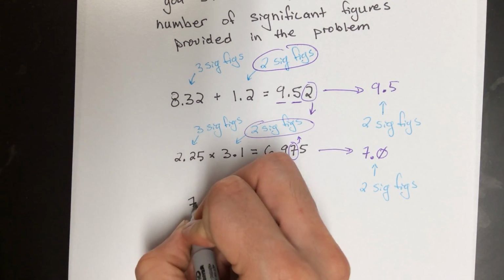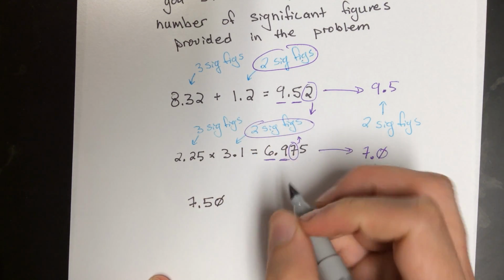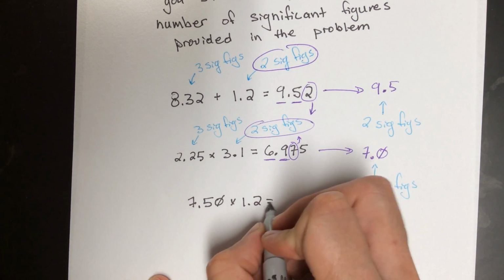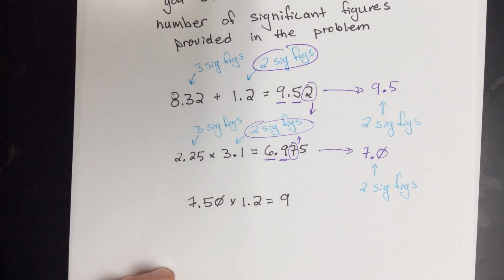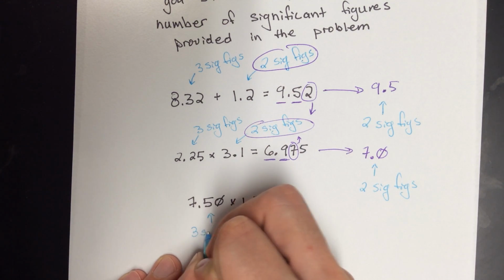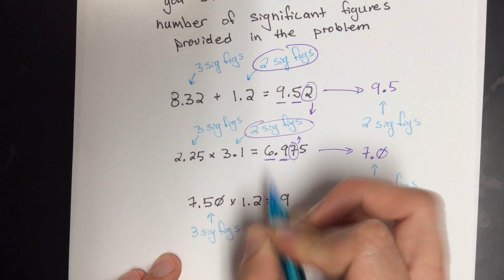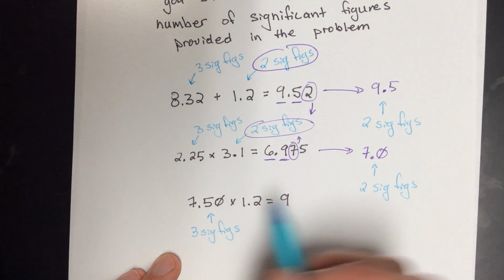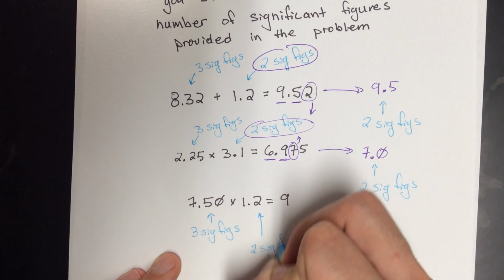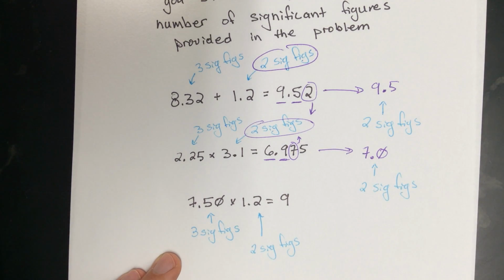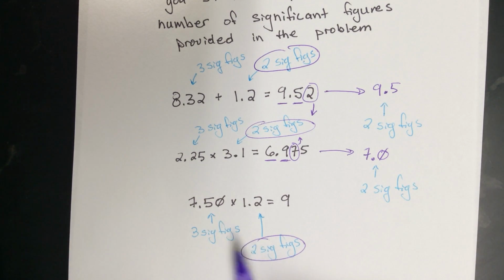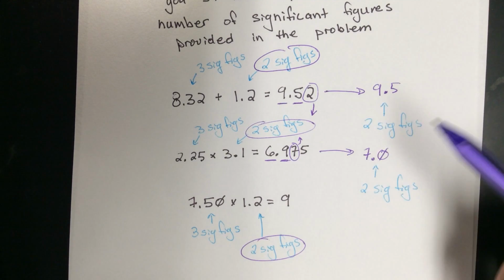Let's look at a third example. If we do 7.50 times 1.2, our calculator tells us that the answer to that is 9. 7.50 has 3 sig figs because the 0 is to the right of the decimal and the right of the number. 1.2 has 2 sig figs, and so that means that our answer needs to be reported with 2 sig figs because it is the smallest number of significant figures from the problem.